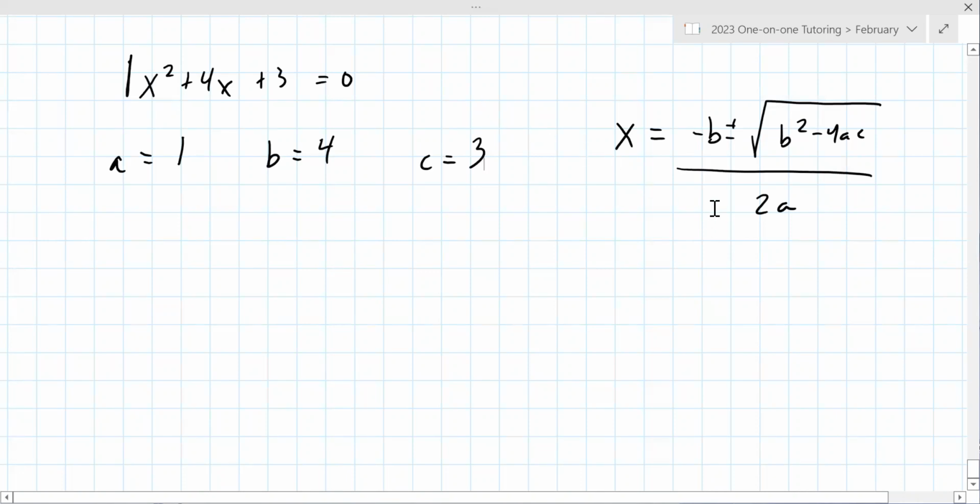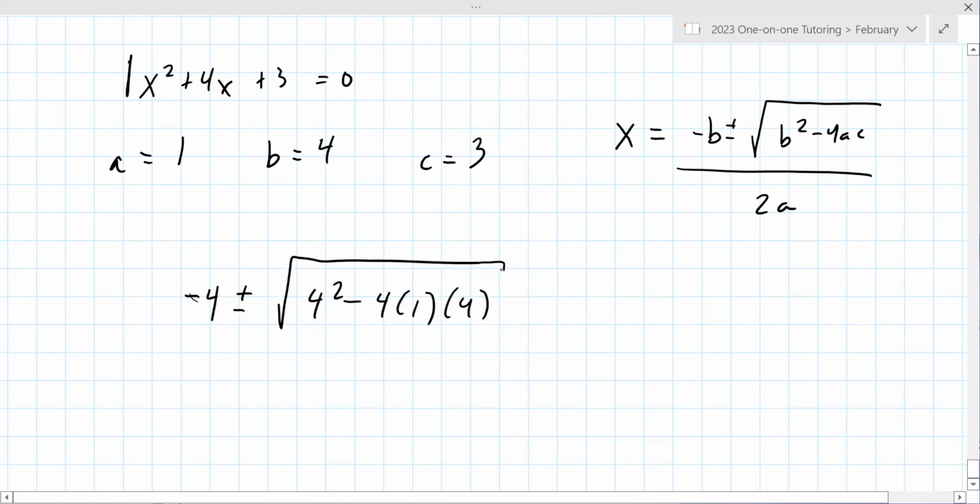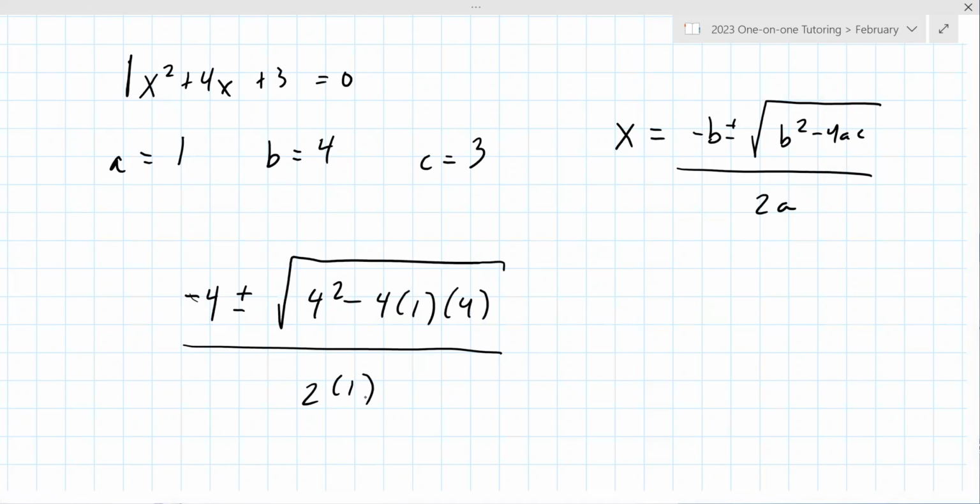Is that right? You're just putting the numbers in to start. Minus 4 plus or minus 4 squared, 4 to the power 2, minus 4 times 1 times 4. Is this what you're asking? I did that wrong. You're not trying to evaluate as you go, just substitute the numbers. Oh, okay, now I see.